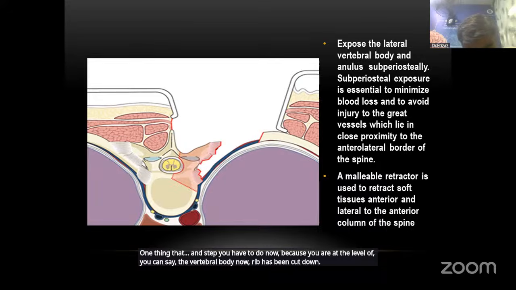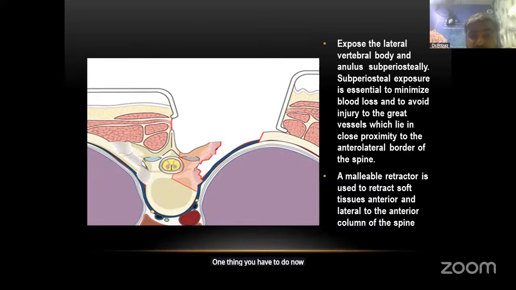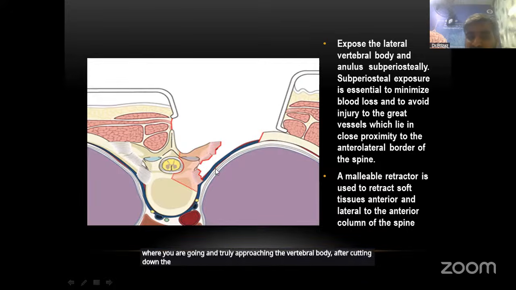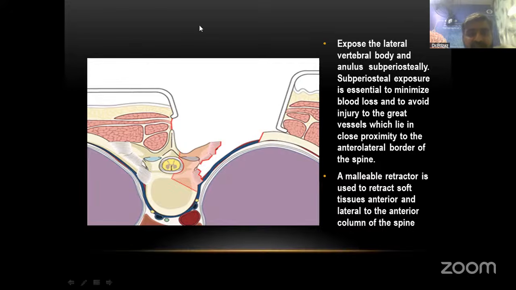What thing do you have to do now? Anyone? I didn't mention it here. As you approach the vertebral body anteriorly after cutting down the rib, what do you have to do? Anyone who has the idea? No?